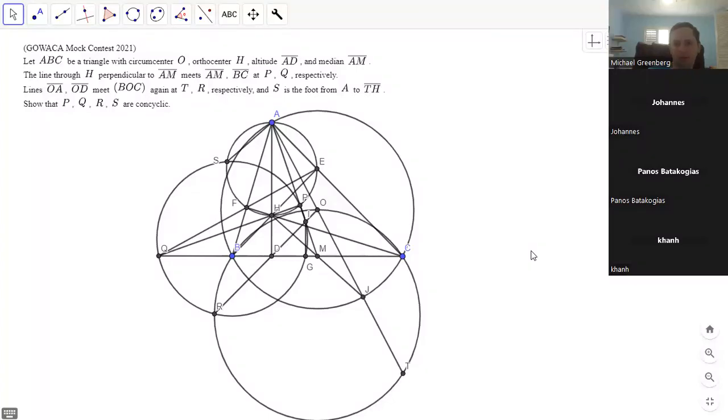QR is the polar of D. Oh, well, it's all right. Thanks for joining us now. So this is the second problem. The first one was pretty interesting. Yeah. But yeah, this is the second.